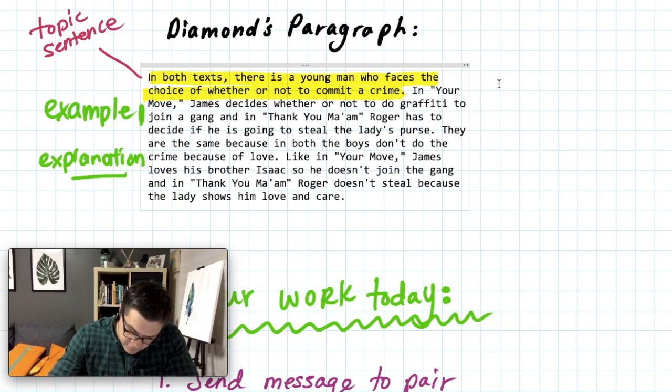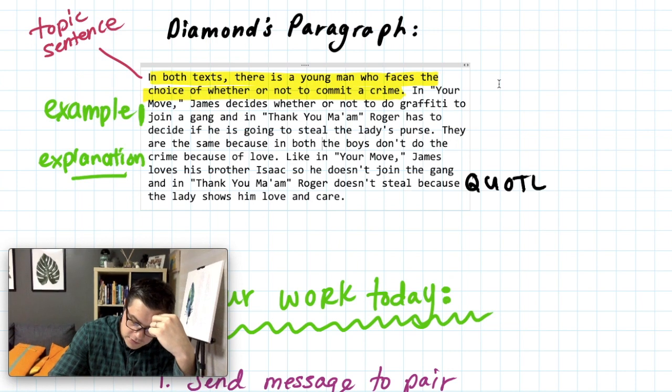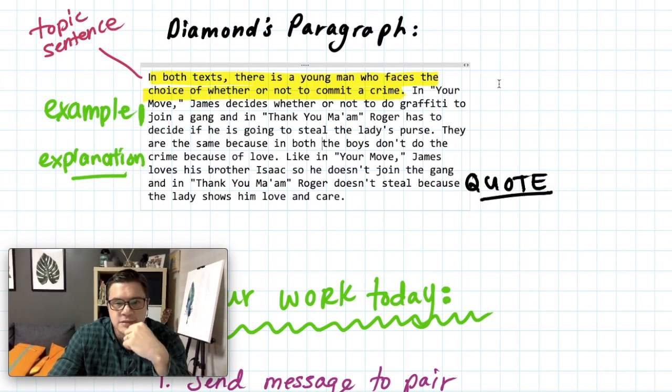So, for example, it says James loves his brother, and Roger doesn't steal because the lady shows him love. Okay, now one of the things I might be thinking as the writer is, should I put quotes to show that James loves his brother?